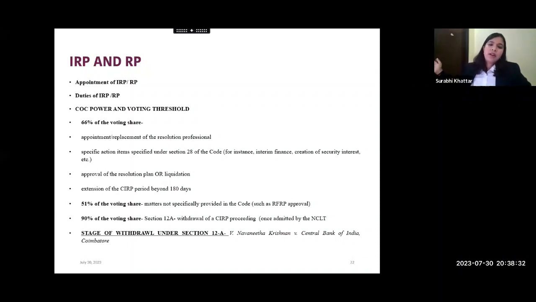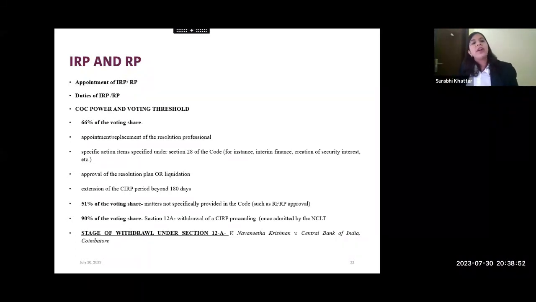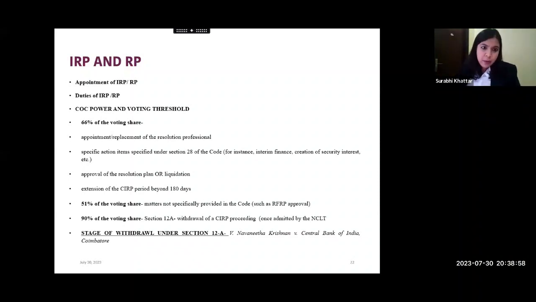It will then constitute something called a committee of creditors. The committee of creditors comprises secured financial creditors, and may include unsecured financial creditors also, but essentially financial creditors of the corporate debtor, which will include banks and financial institutions. Once the COC is constituted, it has the right to either confirm the same person as the resolution professional or appoint someone else that they may deem appropriate as the resolution professional.